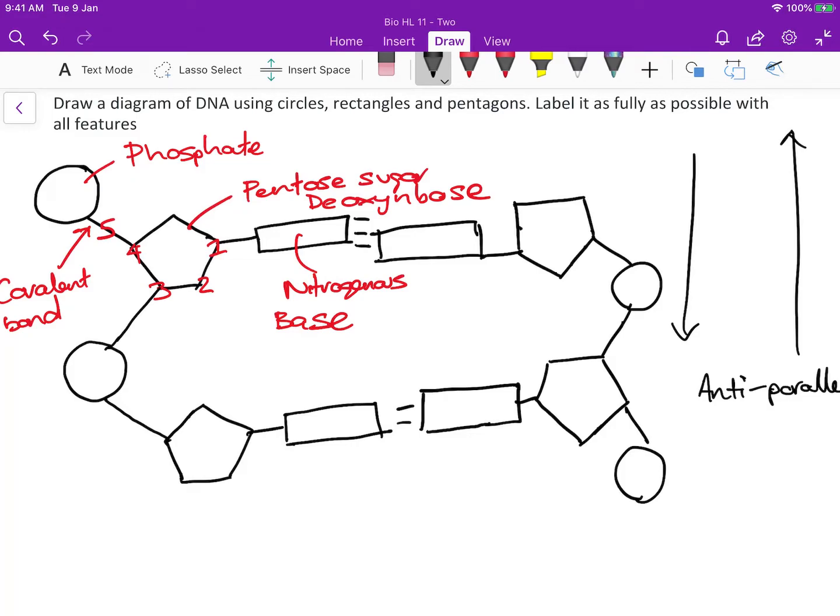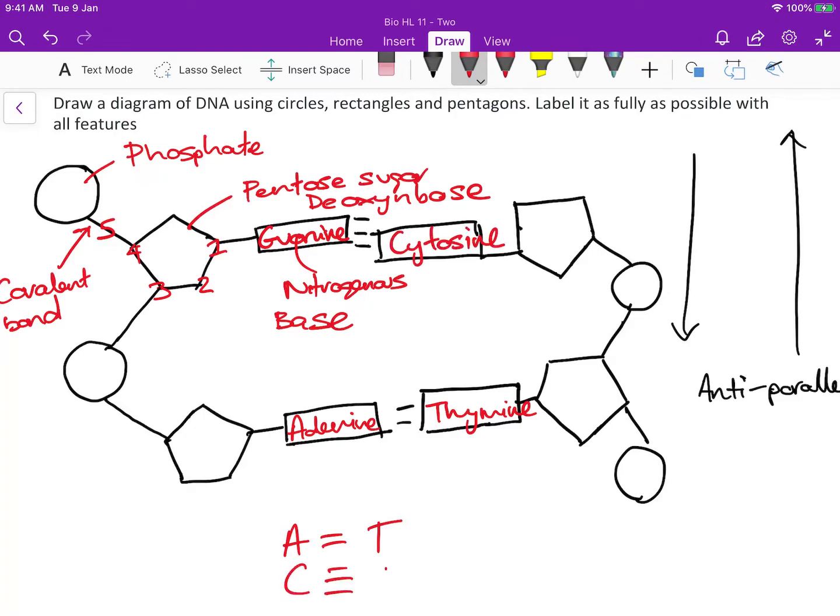I've drawn them together. Now the final thing that we would want to add to this is the names of some of the bases. So adenine, A pairs with T. And guanine pairs with cytosine.